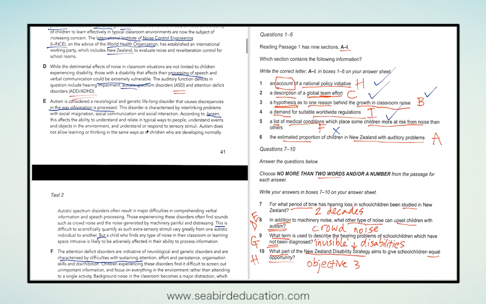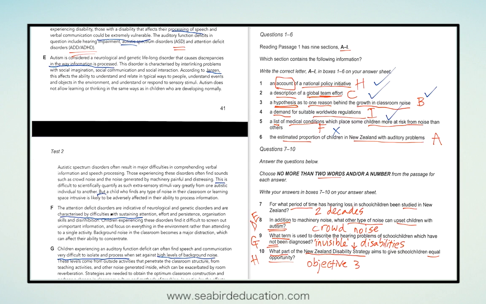I got it mixed up with the genetic disorders rather than the actual name of the medical conditions. So there we go, one mistake so far.